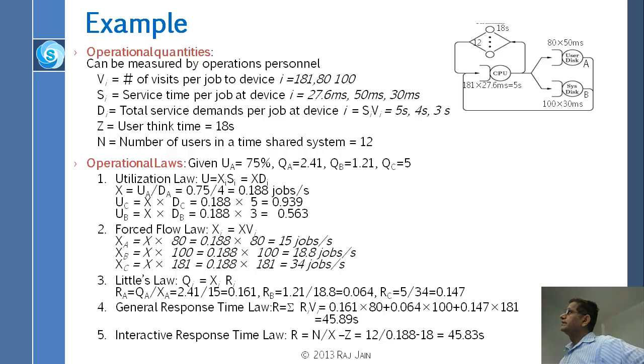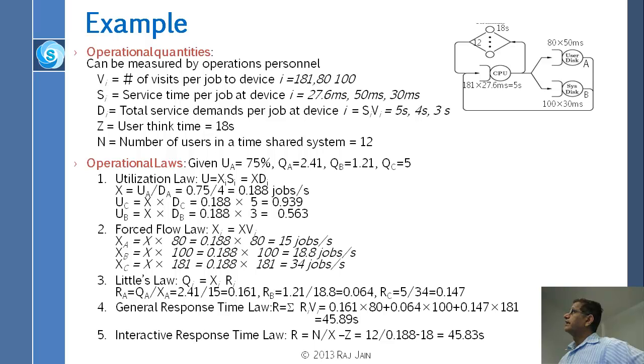We don't know any D's here, but we know at least one U, so X equals U_A over D_A. We can calculate the system throughput because we know the utilization of A and the total demand on A, which was given before.